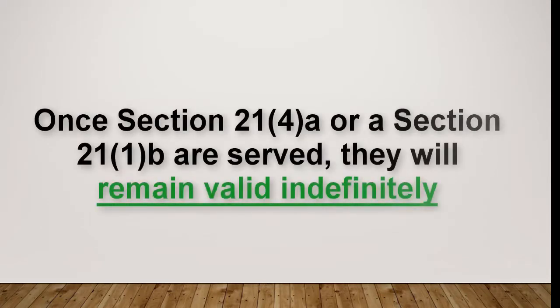Unlike Section 21 Form 6A notice, once Section 21 4A or Section 21 1b are served, they will remain valid indefinitely unless ended by a new tenancy agreement being signed with the tenant. So in those circumstances, the landlords need to serve a new Section 21 notice to repossess the property at a future date.